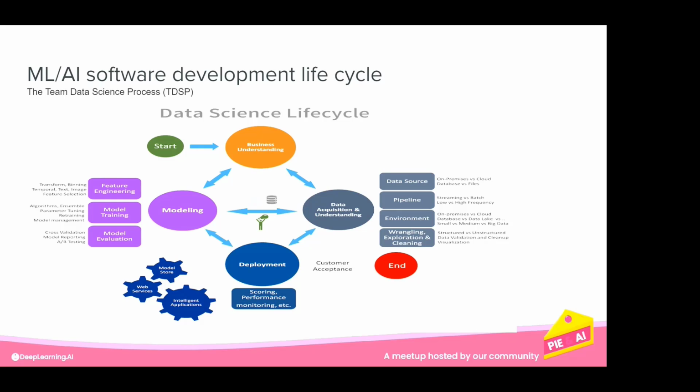Here's a chart I downloaded from the Team Data Science Process website. This is a recommended data science project process. You're going to see we start from business understanding, compared to conventional software development. This is the stage for user requirements collection and business analysis.